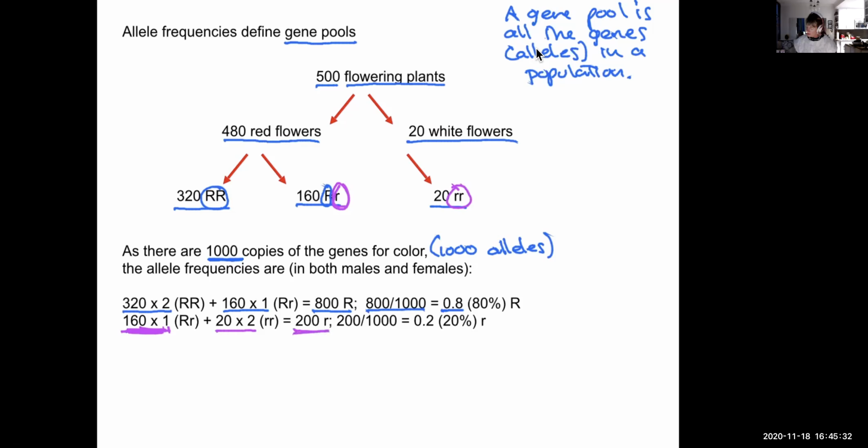And that gives us 200 little r alleles, or the white allele. 200 over 1,000 initial alleles gives us 20%. So that is our allele frequency for flower color in this population of 500 plants. Are you with me so far?